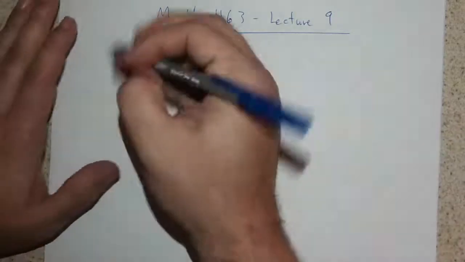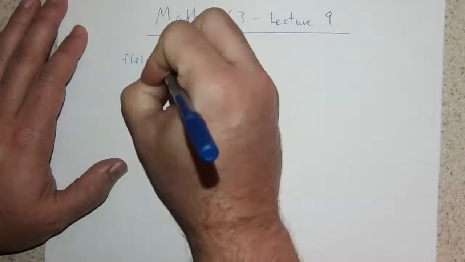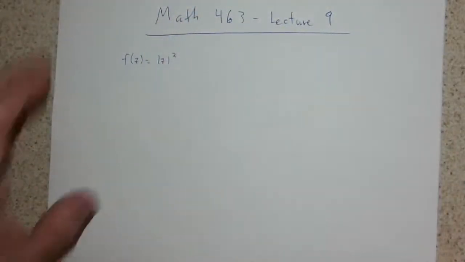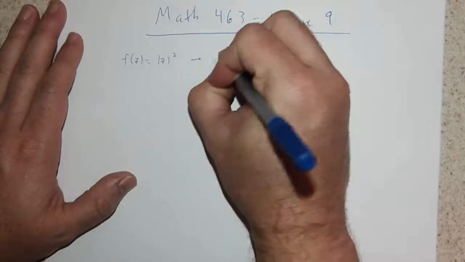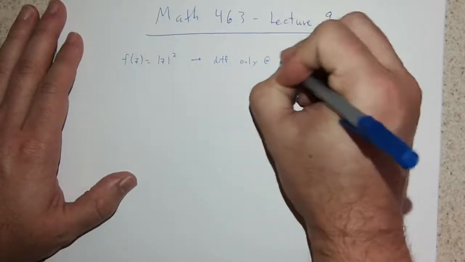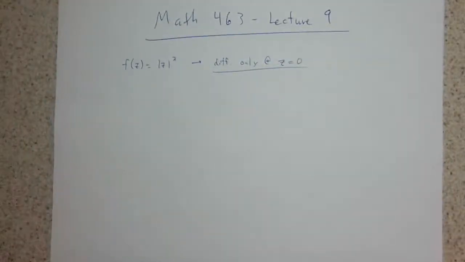So yesterday, in the previous lecture, we did this example for f of z equal to the modulus of z squared, and found that this thing was differentiable only at z equals 0, okay, and nowhere else. For instance, this is one of the things that we saw.